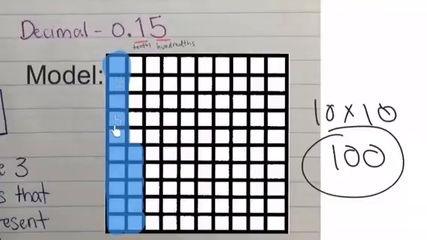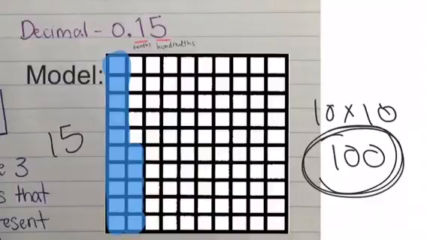I've shaded this part and this part. If we add up each of these boxes, we get 1, 2, 3, 4, 5, 6, 7, 8, 9, 10, 11, 12, 13, 14, 15. So there are 15 shaded out of our whole of 100. So the part is 15 and the 100 is the whole, and this is how you model it.